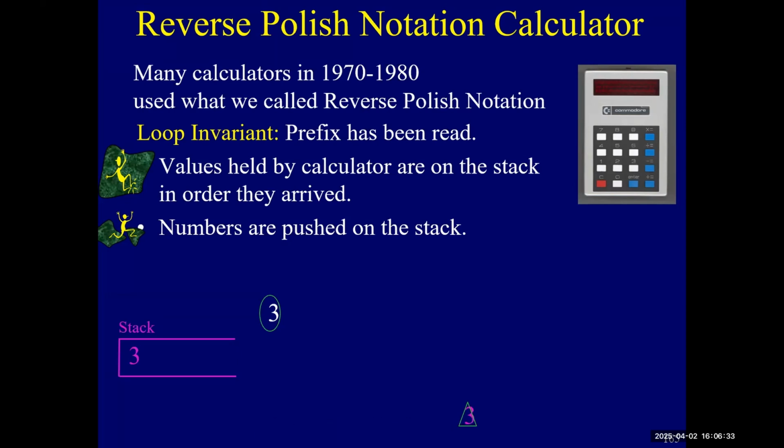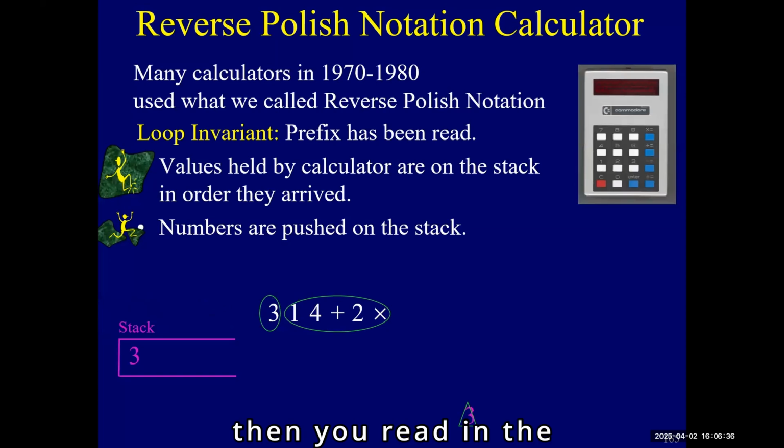And then you read in the next. How do you read in the next? Well, you read the 1, and the 1 goes on the stack. Then you read the 4, and the 4 goes on the stack. Then you read the plus, and the 1 and the 4 come off. What do you put on? You put on a pointer to the tree, which is the plus with 1 and 4. Then you read the 2, and the 2 goes on.